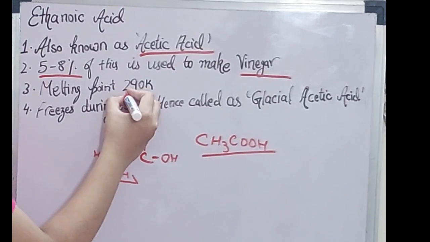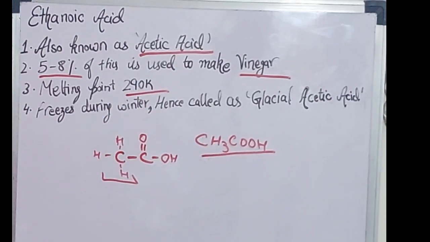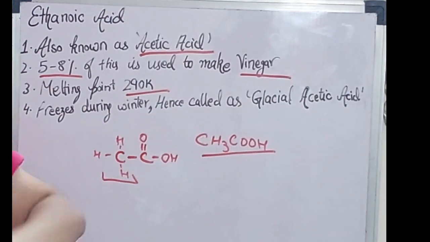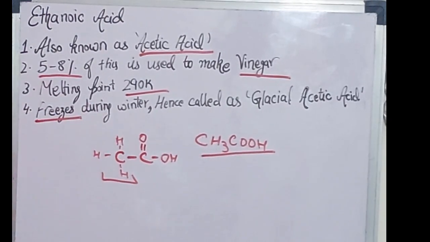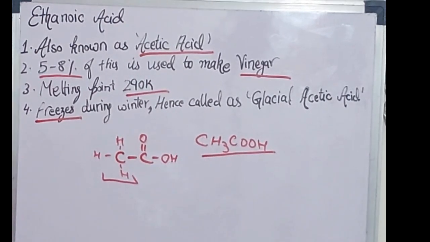Its melting point is 290 Kelvin. If you want to find it in Celsius, you can just subtract 273. Okay. And I had written in ethanol that ethanol is an anti-freeze liquid, meaning it never freezes. But ethanoic acid freezes quite easily in winter.